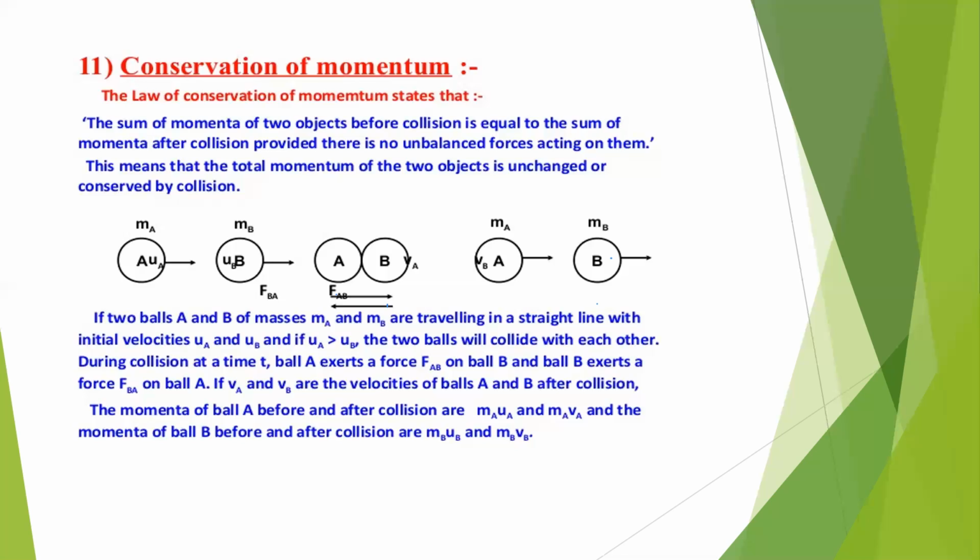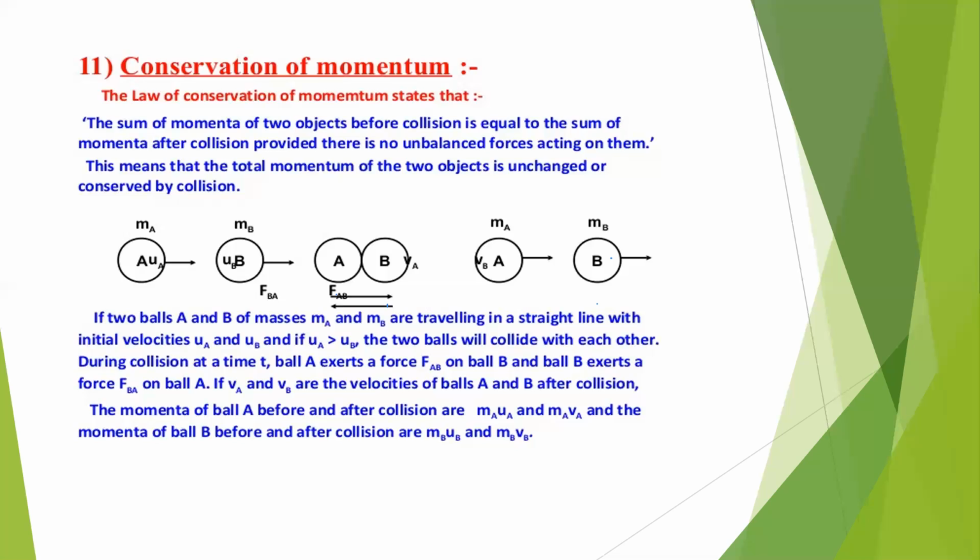The velocity of A is more than the velocity of B, so the two balls will collide with each other. Automatically, A will come and collide with B.